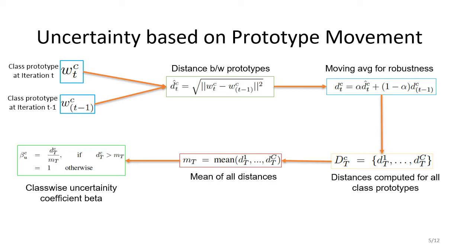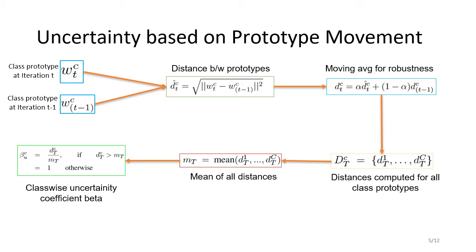In our entire training schedule, we calculate the distance for the class prototypes at 2500, 5000, and 7500 iterations. So now the distance is computed for all the class prototypes, and then we compute the mean of the distances of all these class prototypes as indicated in the red bounding box.